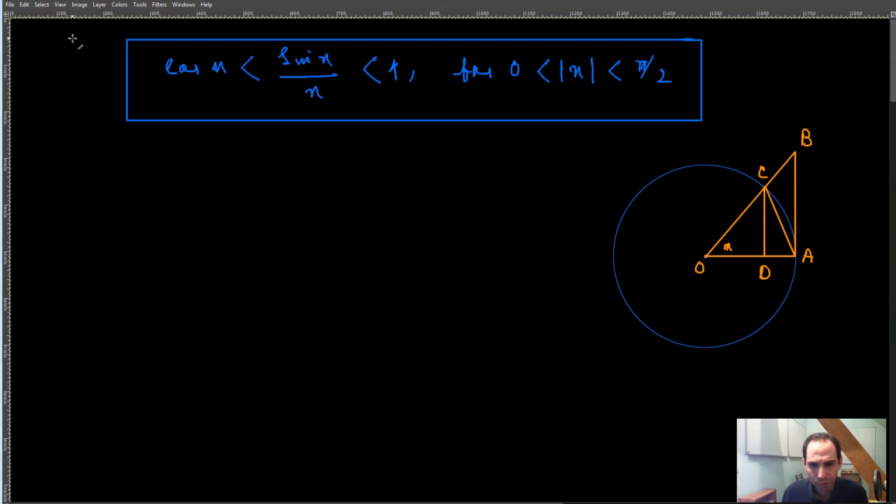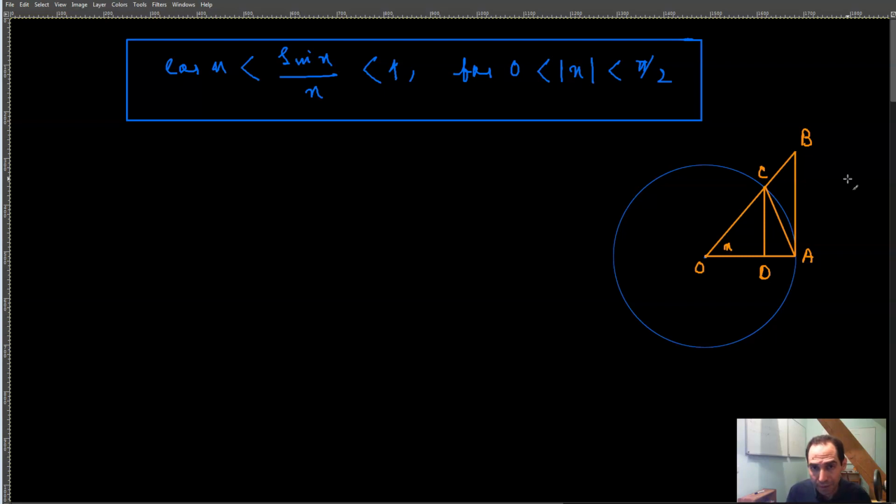Okay, so we want to prove cos x is less than sin x by x, which is less than 1, and we want to prove that for the interval 0 less than the absolute value of x less than pi by 2.